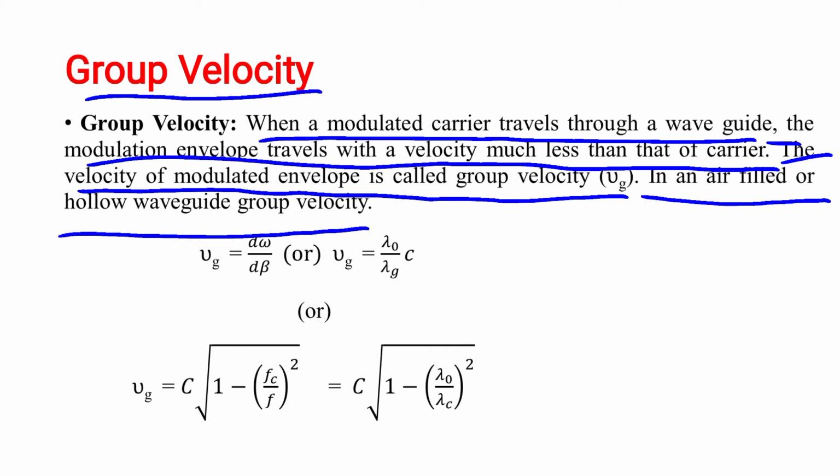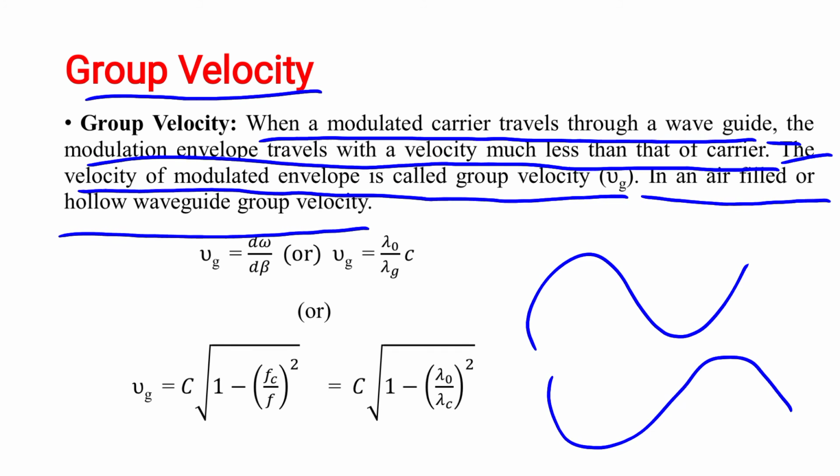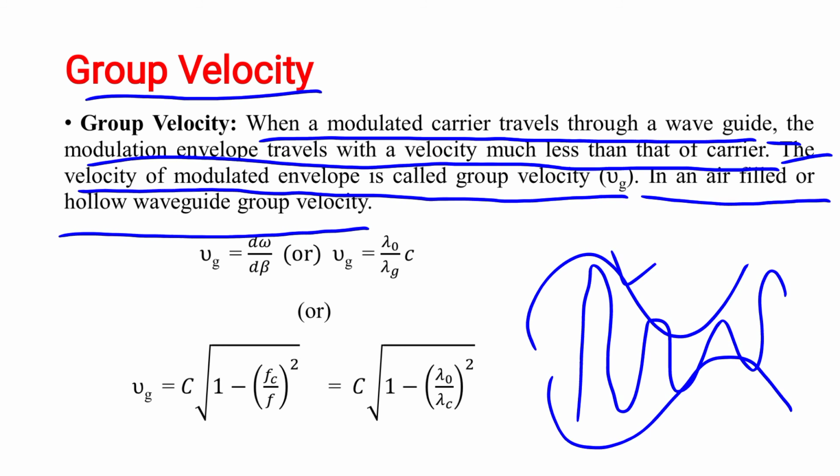Suppose this is the modulated signal, and this one is the envelope. The envelope has low frequency, and in between the envelope we have the carrier. This is the carrier. The carrier has high frequency. For that reason, the carrier travels much faster than the envelope.